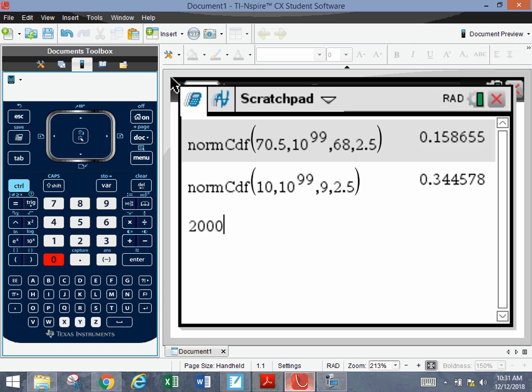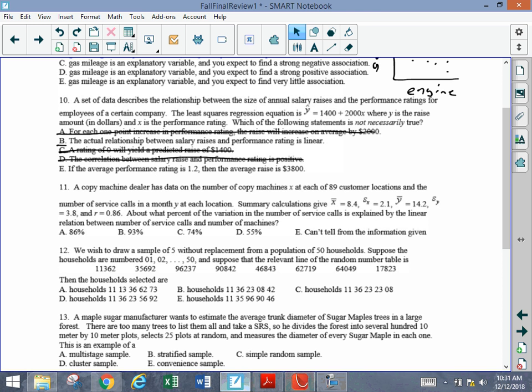Yes. So then that leaves us with the actual relationship. You can't say actual, you can say the predicted, right? We're not allowed to say that that's actually what's happening. We are making predictions.